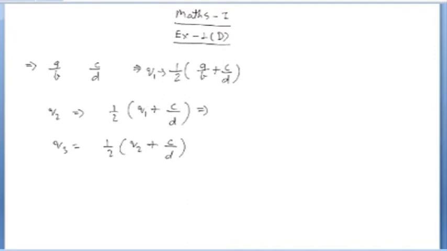So let's move to the exercise. Question number first. Find a rational number between a and b if a is 1 by 6 and b is 1 by 5. We have to find only one rational number.